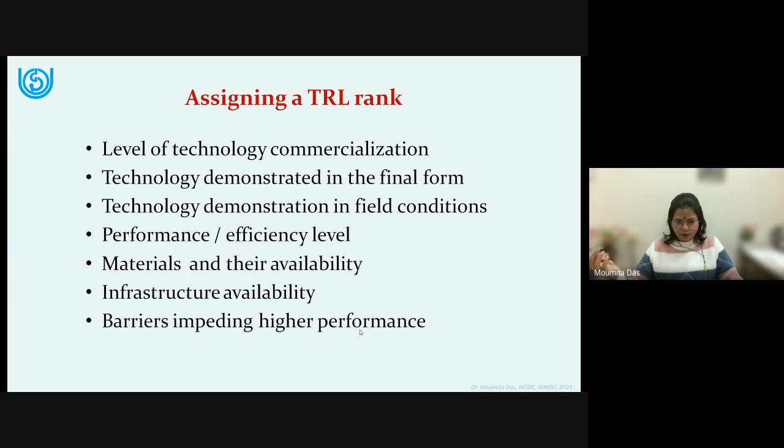What is the infrastructure that is available for deployment of your technology? Sometimes, for example, if you take tea, you know the vending machines, right? They use a powdered version of tea and milk and sugar.